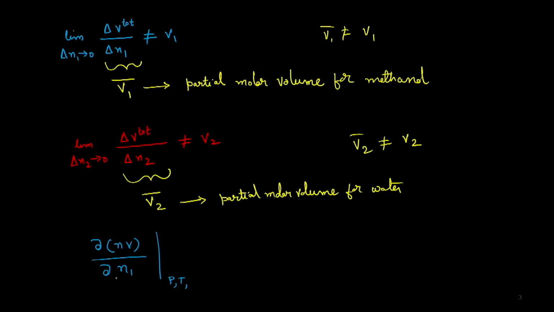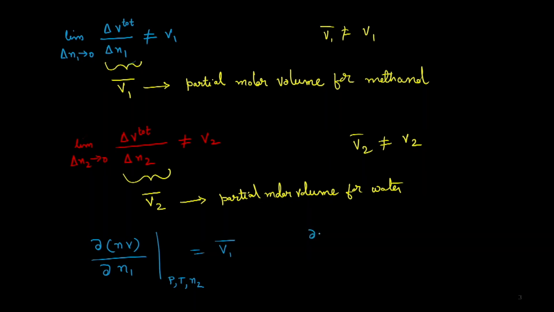And when we change the number of moles for methanol, we are holding the number of moles for water, N2, constant. This quantity is called the partial molar volume. So mathematically, we're going to define V1 bar as the partial derivative of the total volume with respect to the number of moles of methanol when we hold the temperature, pressure, and number of moles for water constant.